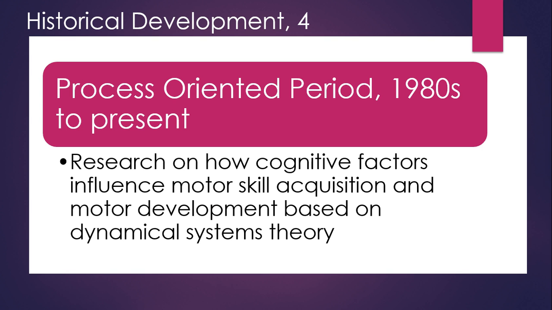Motor development, motor learning, and motor control emerged as subdisciplines within the growing academic discipline of physical education during the 1960s and early 1970s. Researchers during the 1960s through the 1980s, such as Rarick and Robert Malina, concentrated their efforts on understanding the influence of growth and maturation on motor performance.